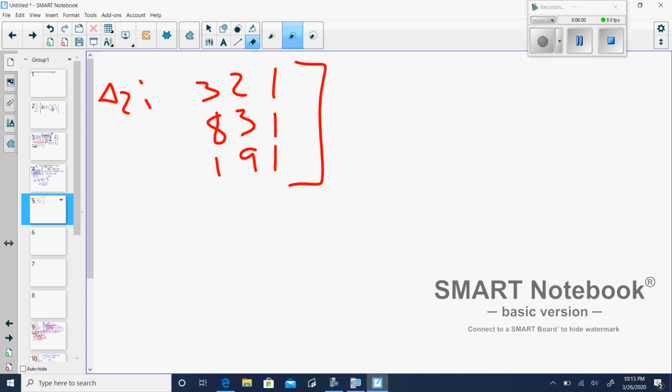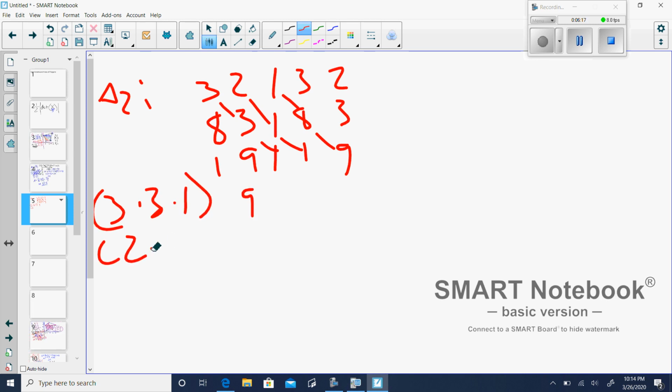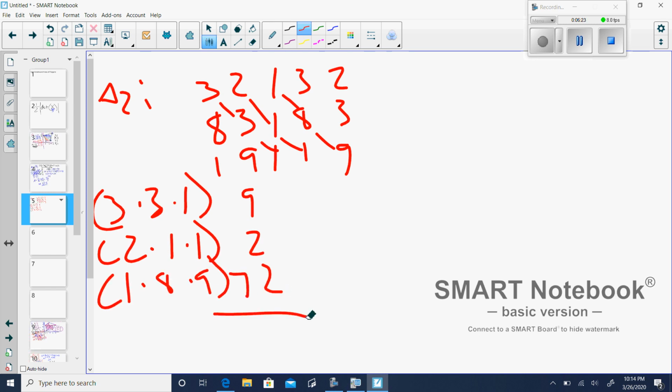Let's erase these borders and rewrite the first 2 columns. So now let's go across from left to right. 3 times 3 times 1 is 9. 2 times 1 times 1 is 2. And 1 times 8 times 9 is 72. So 9 plus 2 is 11, plus 72 is 83.